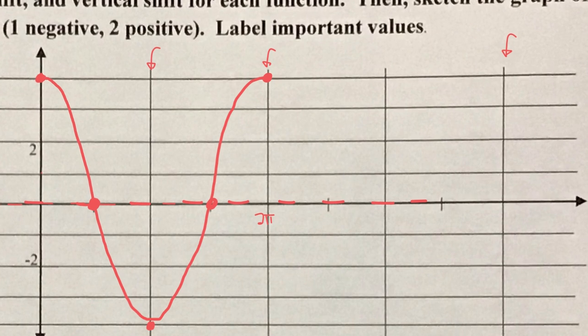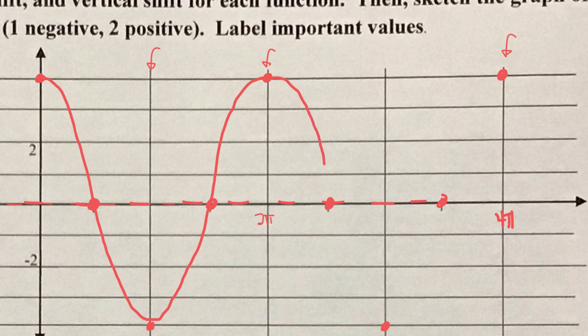And now we can continue with that same pattern. So we go another 0, and then a min, and then another 0, and a max. Right? We stay consistent. This repeats. So your sine and your cosine graphs repeat over and over and over those same pattern points.